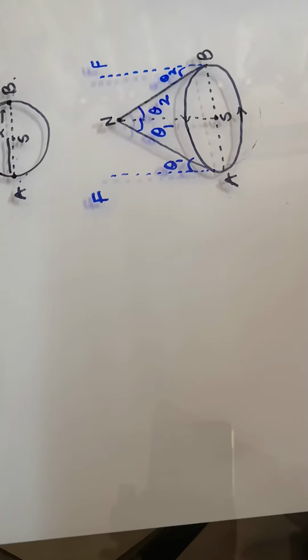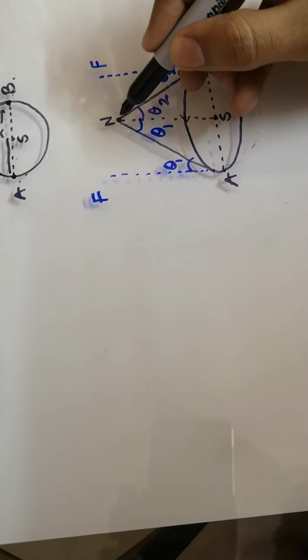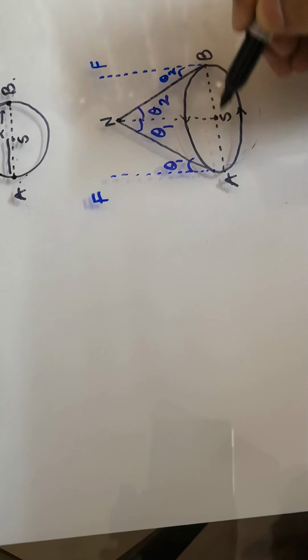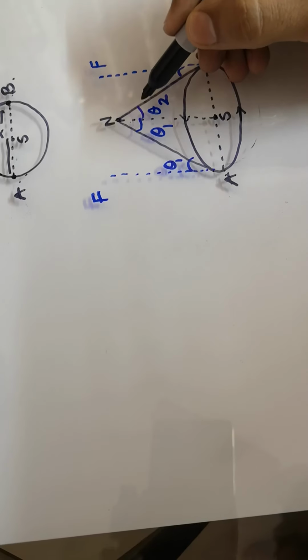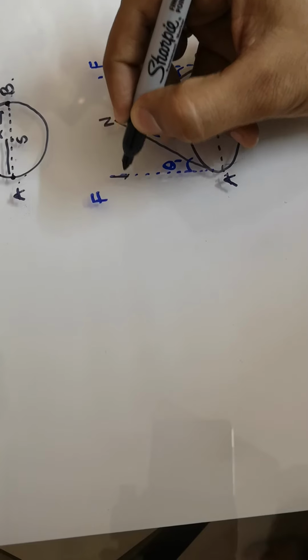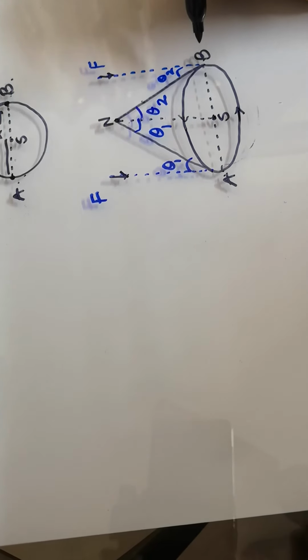You can see that from that point to the center I am drawing a perpendicular, which makes angles theta 1 and theta 2 from point A and point B. As per mathematical notation, I am drawing perpendiculars which make angles theta 1 and theta 2.